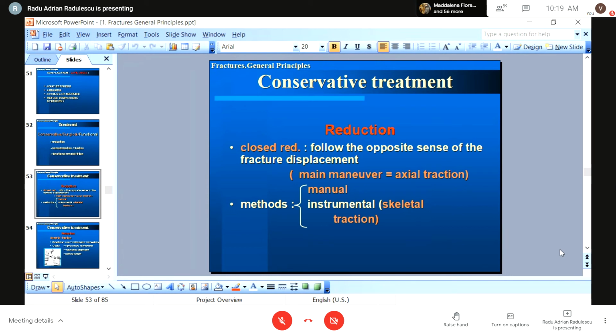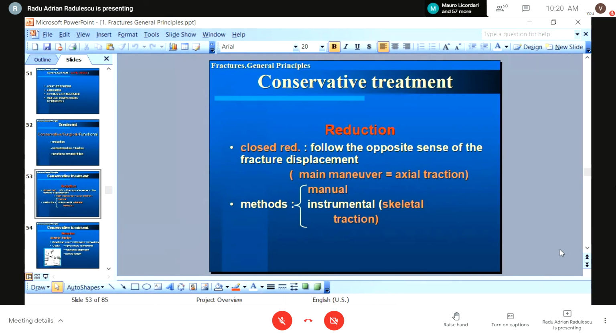So we try to follow the way back of the mechanism of the fracture, in order to put the bone ends into the anatomical position. So the main maneuver we do at the beginning will be the axial traction, followed by other types of maneuver depending on the type of fracture.